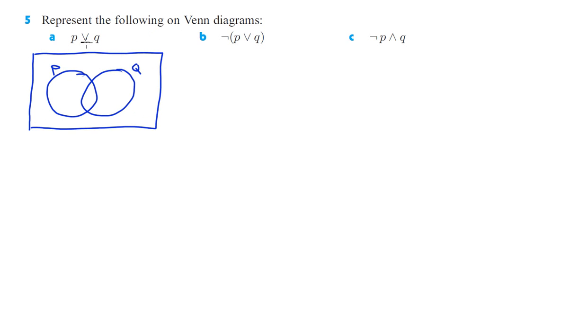And remember, exclusive or means that it's got to be in P or Q, but it can't be in both, okay? So a couple ways you can do this. Let's try this. We're going to do P. So here's P. And then let's do, say, here's Q. All right, so there's our Q.